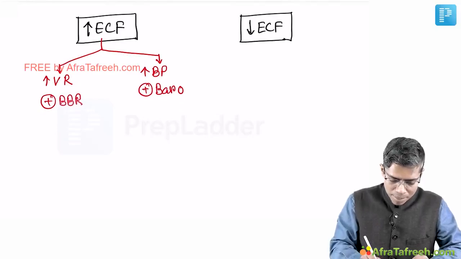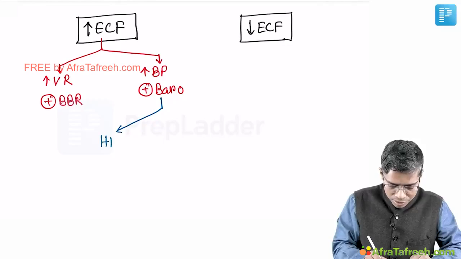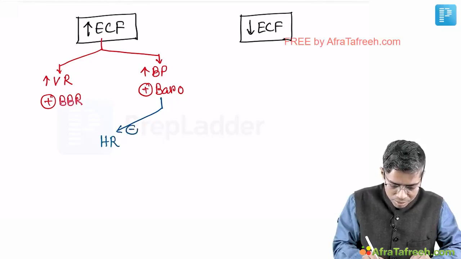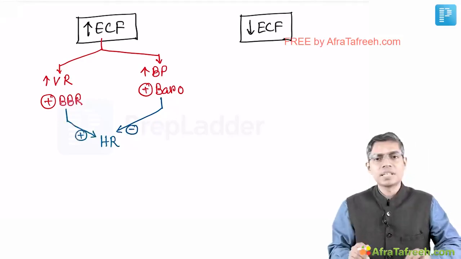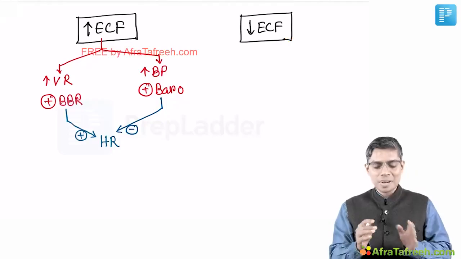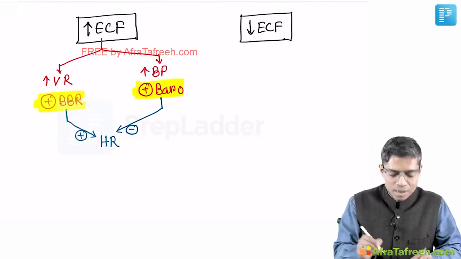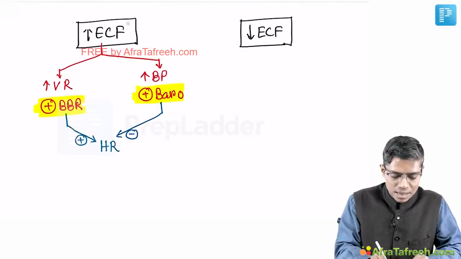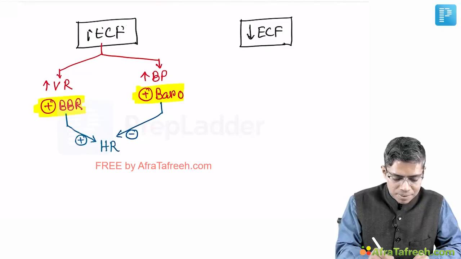Baroreceptor activation means sympathetic inhibition, so it will try to cause a decrease in heart rate. Bainbridge reflex activation means it will try to cause an increase in heart rate. So the baroreflex and the Bainbridge reflex act opposite to one another in this hypervolemic state.